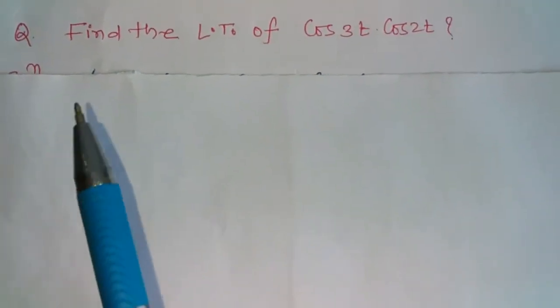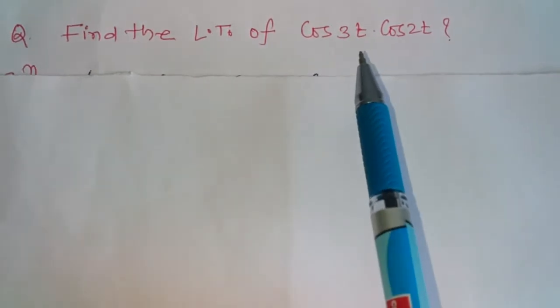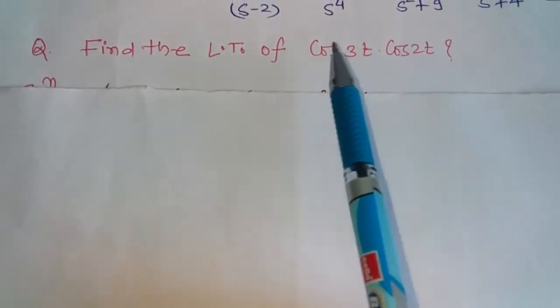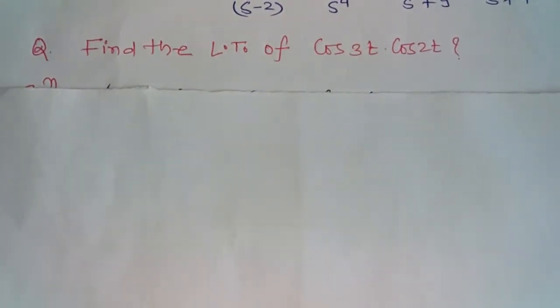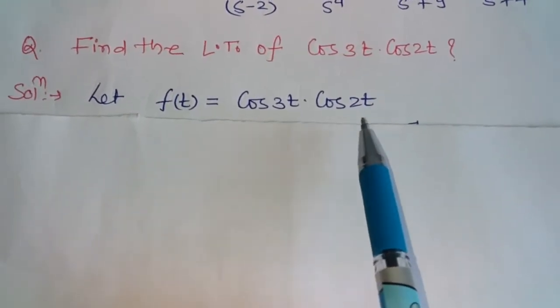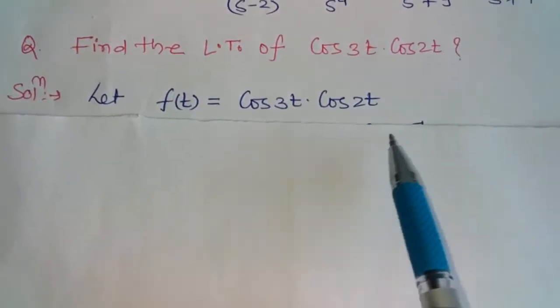Next question is, find the Laplace transform of cos 3t into cos 2t. So let the given function be f(t). So f(t) is cos 3t into cos 2t, and we have to find the Laplace transform of f(t).